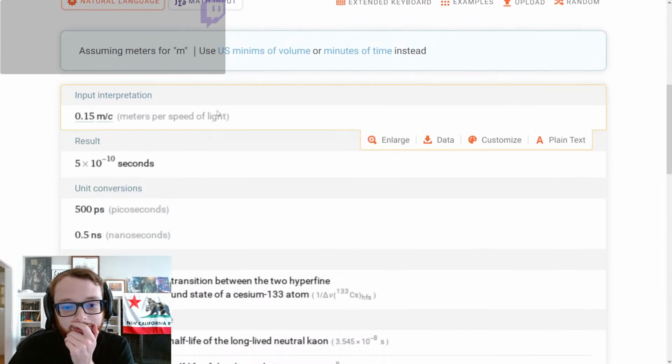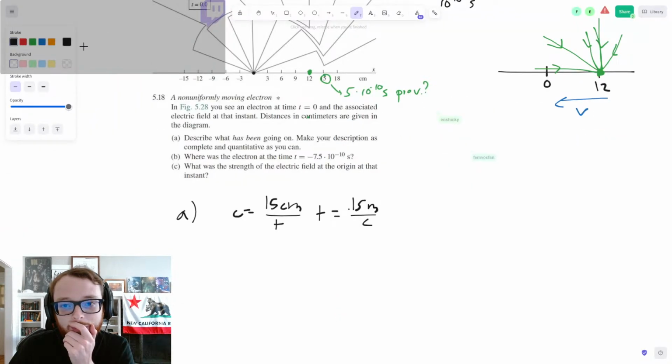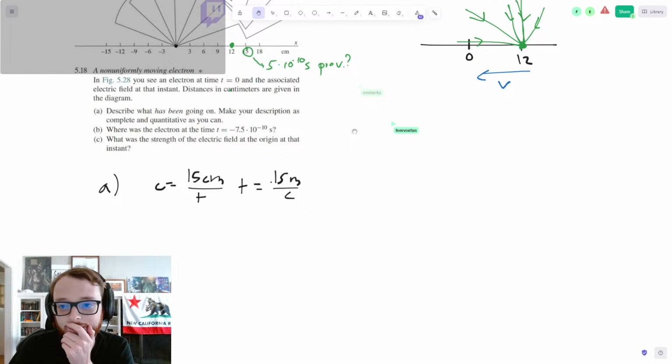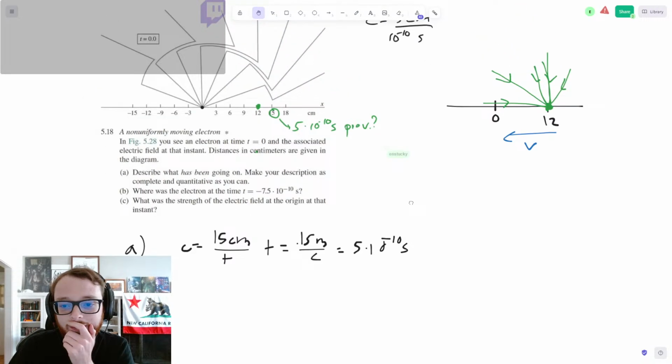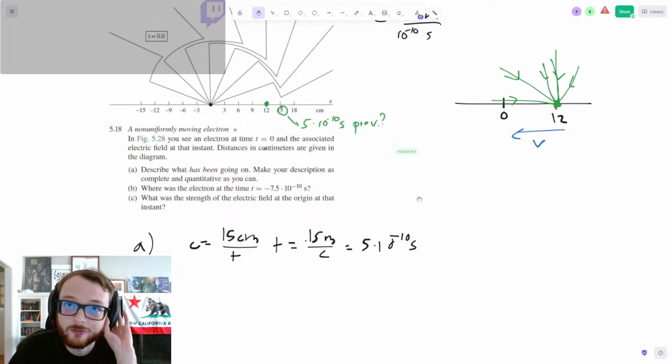So I think, oh, that is 5 times 10. Okay, so you're already way ahead of me there, Suki. This thing happened in 5 times 10 to the negative 10 seconds. That's when something changed. That's the total time interval over which it decelerated, I think.